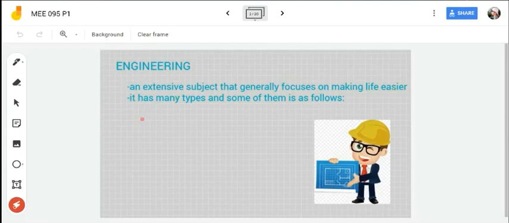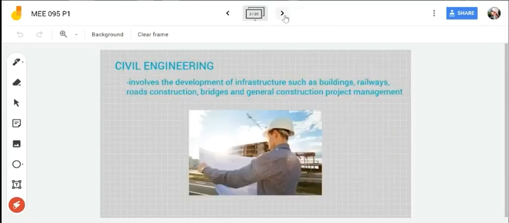And then right now, it was said here that engineering has many types and some of them are as follows. So these are the common types o yung mga common branches of engineering na madalas nating marinig or yung mga madalas nating ma-encounter. So number one, we have here the civil engineering. So ano nga ba yung civil engineering?